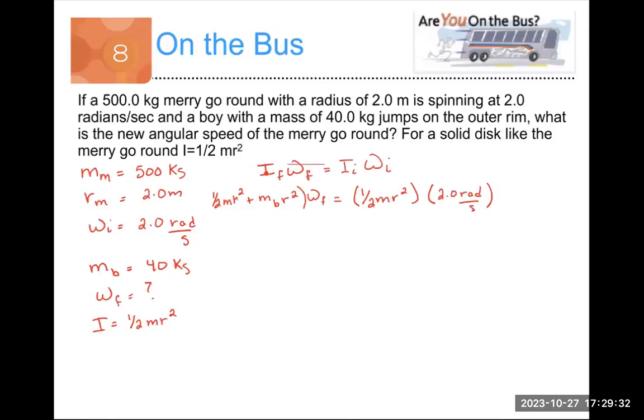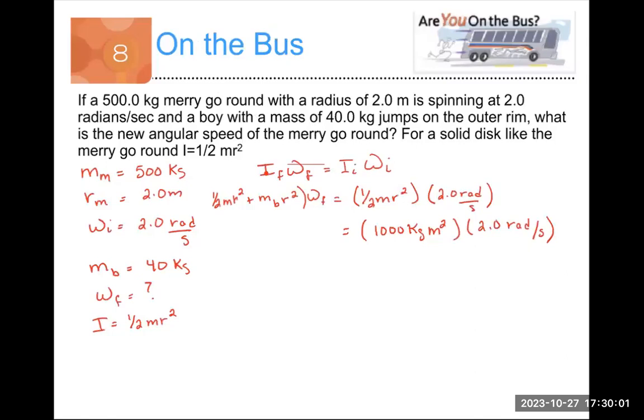Okay, so on this side we have 1,000 kilograms meters squared times 2 radians per second.